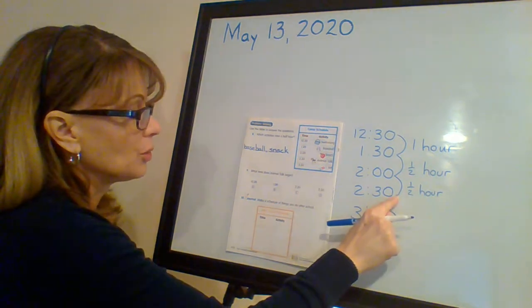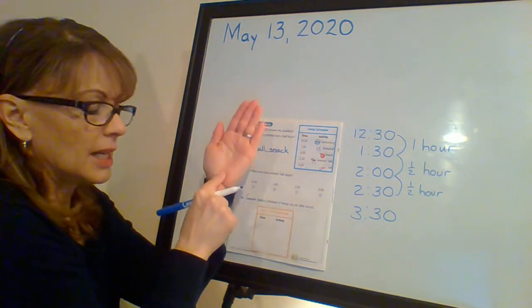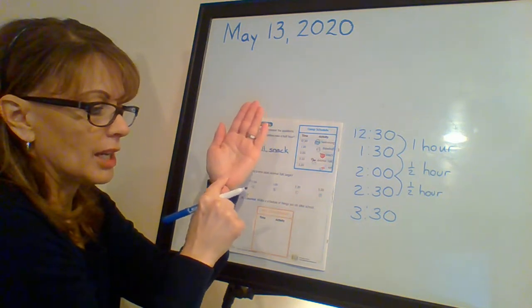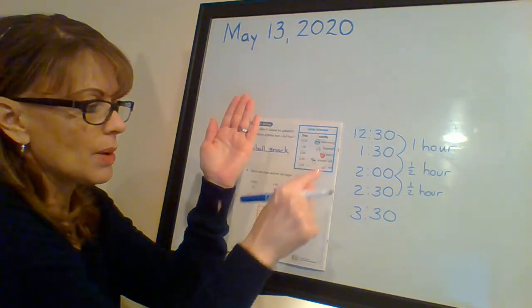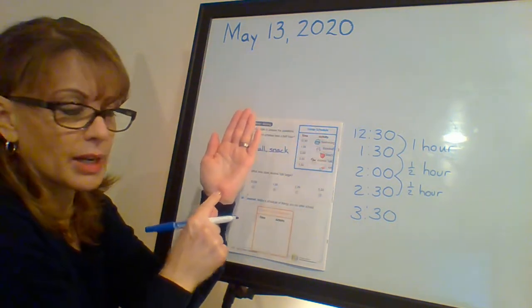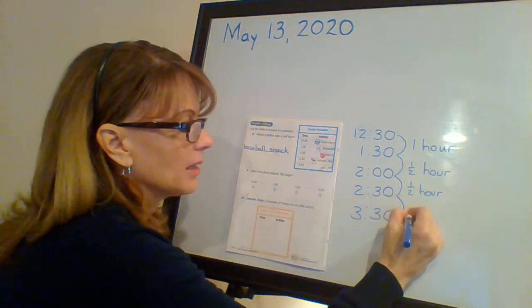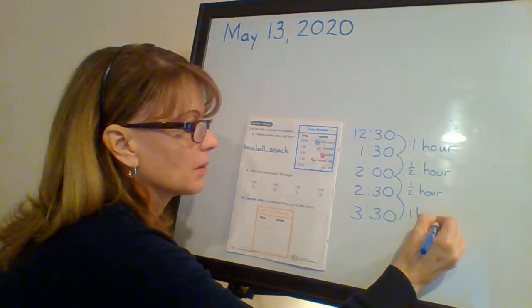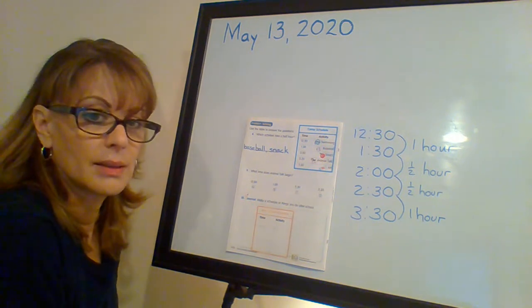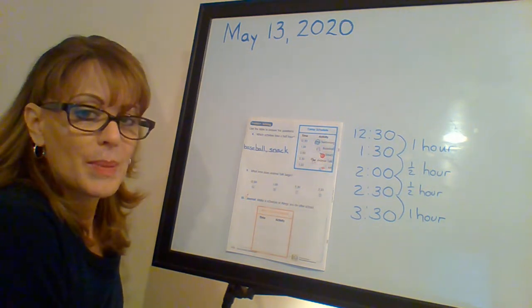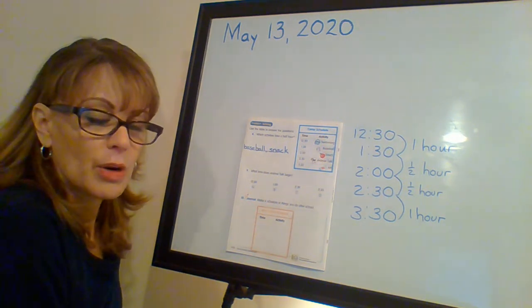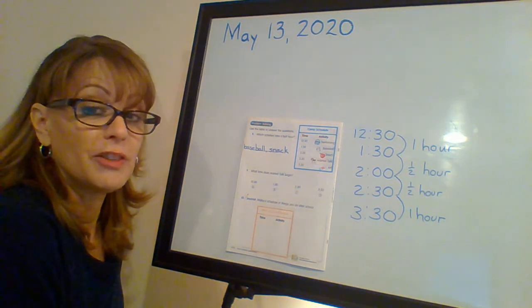Now I'm at 2:30. So the minute hand is on the 6, 2:30, and now I've got to go all the way around the clock to 3:30. That is 1 hour. Does that make sense? I will make sure I have my clock tomorrow when we do our review.